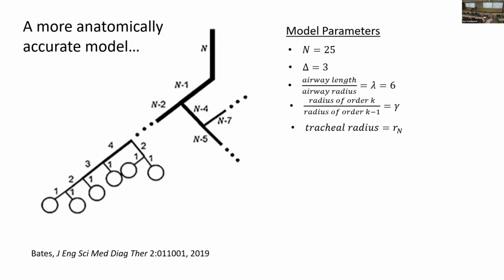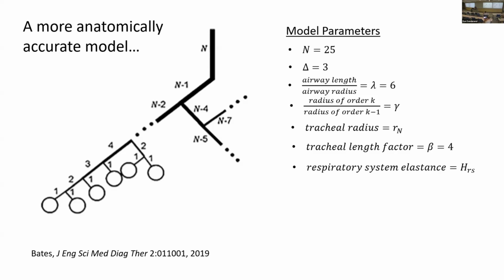The tracheal radius is a parameter of the model. And also I make the tracheal length longer by a factor of 4 than it would be if it followed that scaling scheme that I was talking about before. So the first 1, 2, 3, 4, 5, 6 parameters completely specify the airway tree.